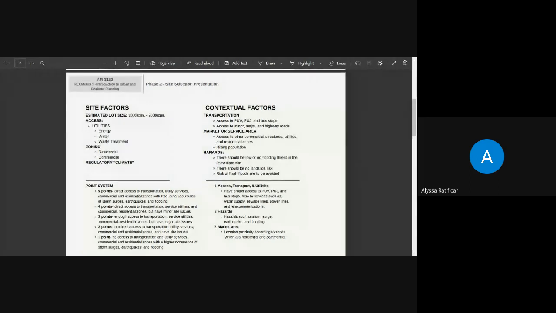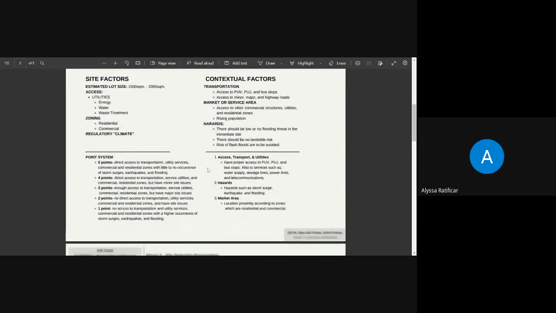For the market and service area, it should have access to commercial structures, convenience stores, and local supermarkets. For hazards, there should be little to no flooding threat in the actual site, no risk for landslide, and lesser risk for flash floods.